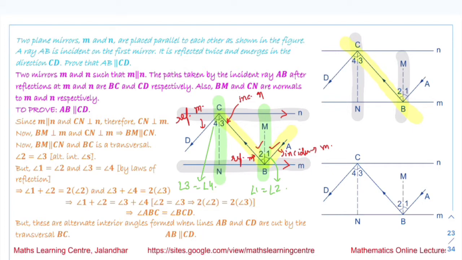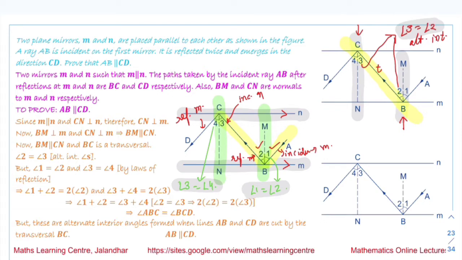For this transversal, angle 3 and angle 2 will be equal because they are alternate interior angles. Now we have three results over here. First is that angle 3 is equal to angle 4, then angle 1 is equal to angle 2, and angle 2 is equal to angle 3.